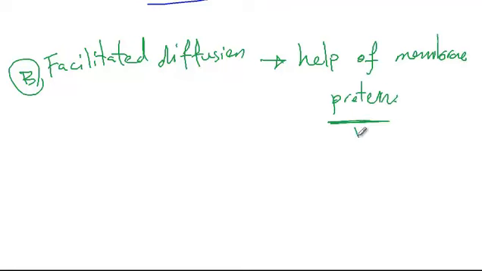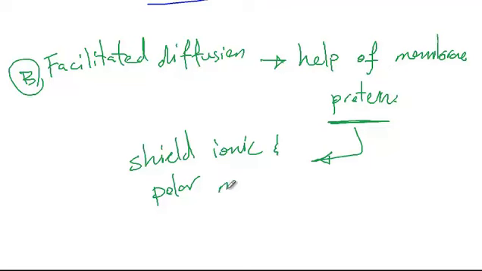And so this protein will shield ionic and polar molecules from the hydrophobic tails, to allow their transport across the hydrophobic area of the cell membrane.